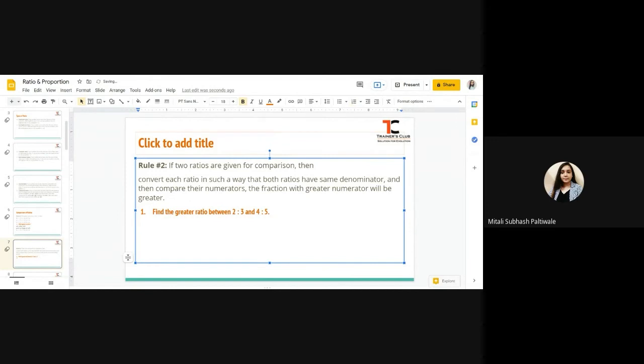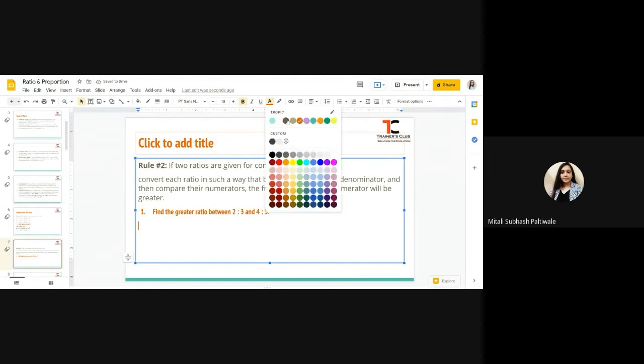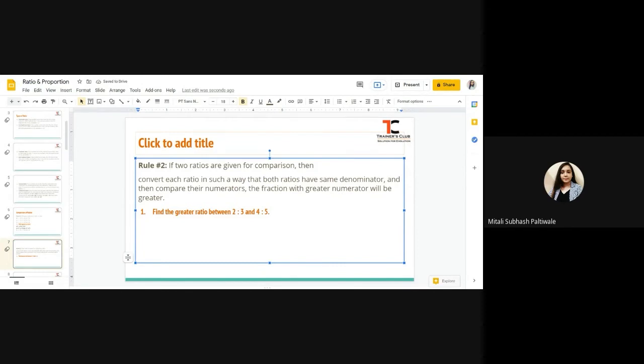Okay, now, just to equalize both of them, I mean, denominators we have to equalize. Okay, we have to get same denominator, 3 and 5. So let's do one thing. 2 into 5 by 3 into 5, which will get us the answer as 10 by 15.